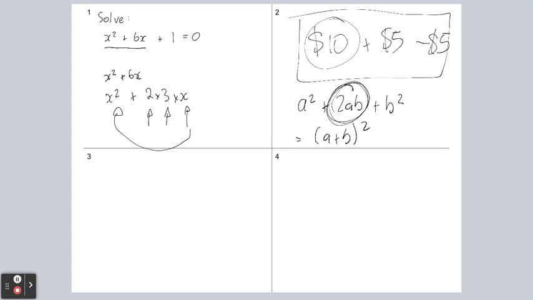Okay, why do it? Well, if I've now got the 6x as the middle term of a completing the square, then I can add 9 to it to finish off that square. 9, because 9 is 3 squared, which is what that links to. What do you think? But I can't just add 9, right?